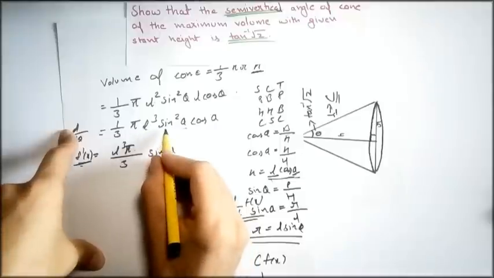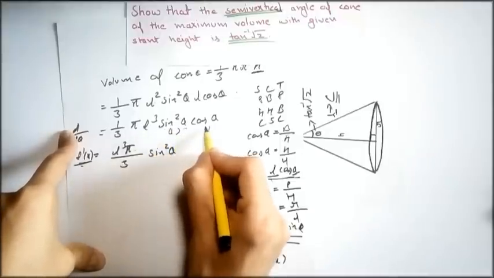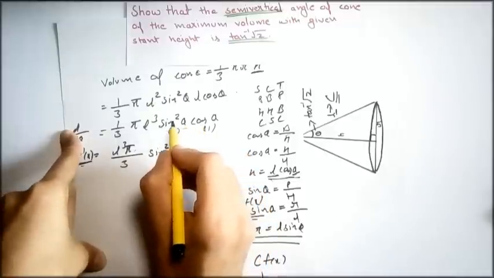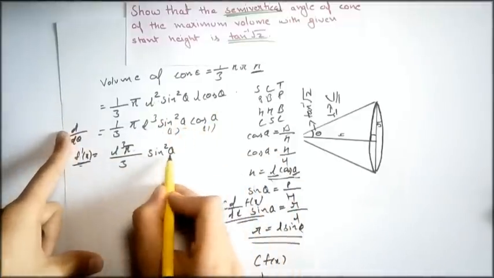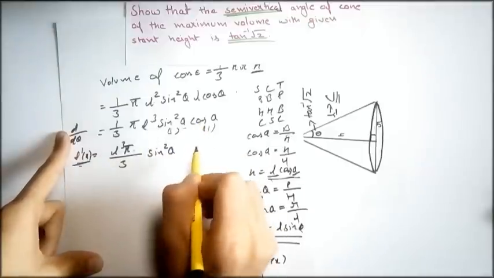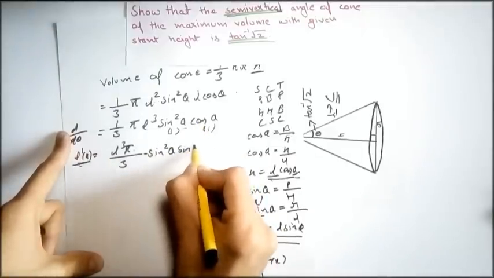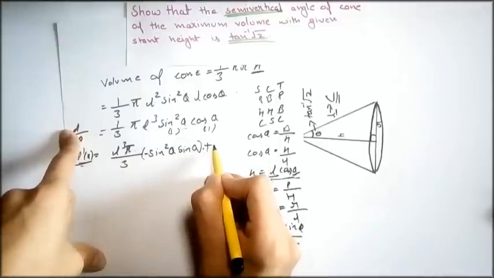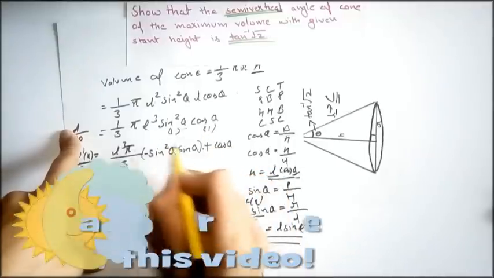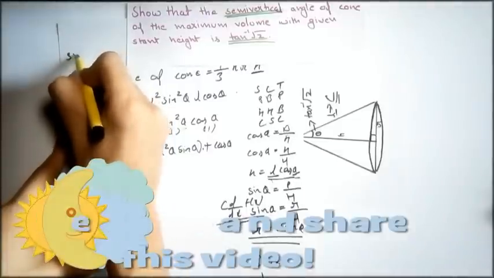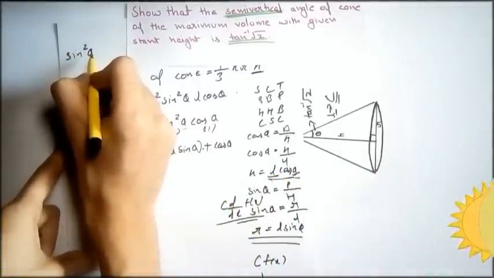This is a product rule: first function times differentiation of the second function, plus second function times differentiation of the first function. Cos theta has the differentiation minus sine theta, plus the second function, sine square theta, times the differentiation of the first function.